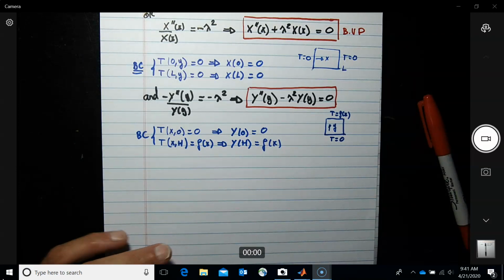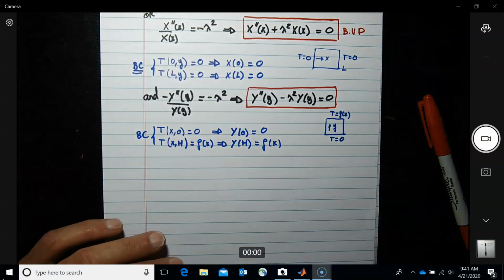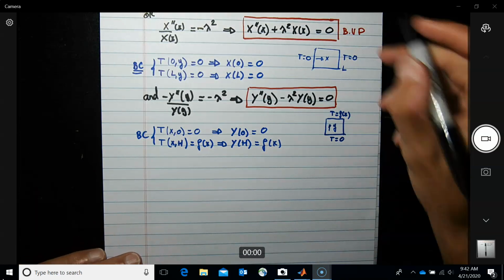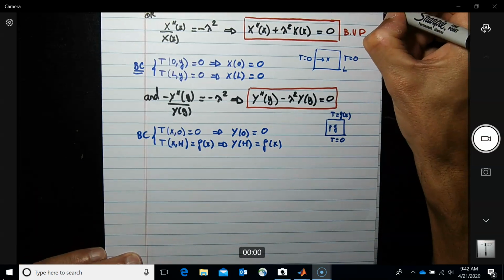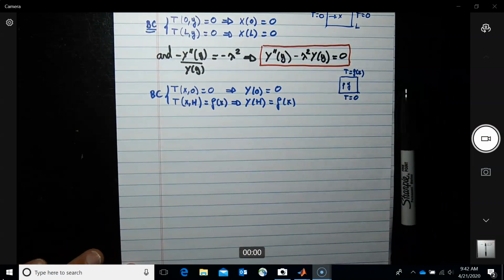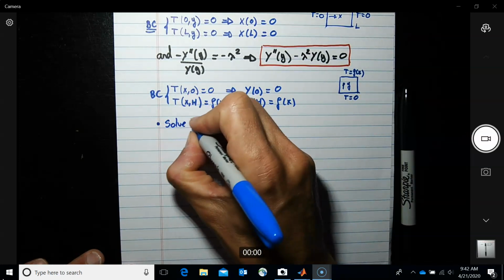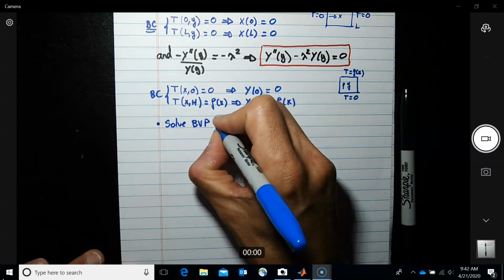Alright, so now it's the part that is a little bit tedious. So steps 7 to 8 is that we need to solve the two problems. So let us solve the boundary value problem first.